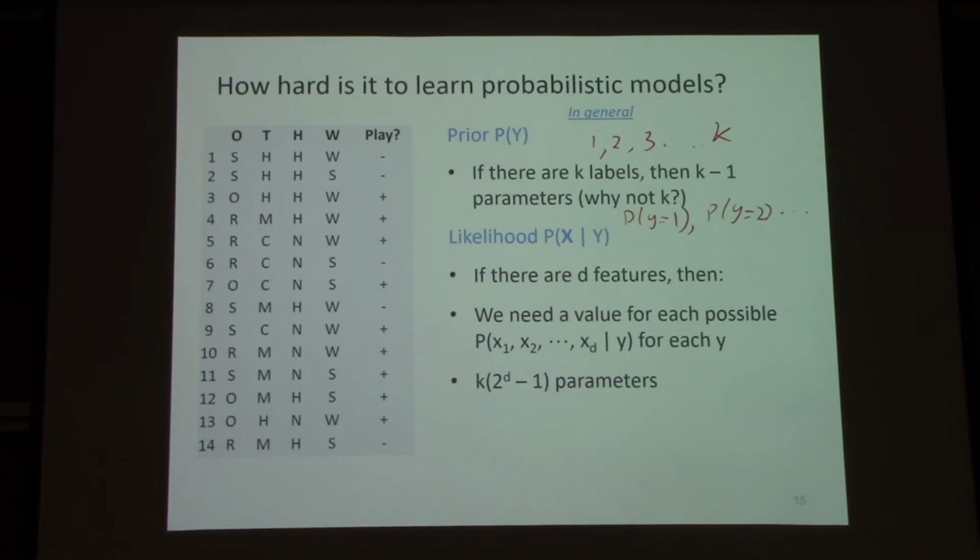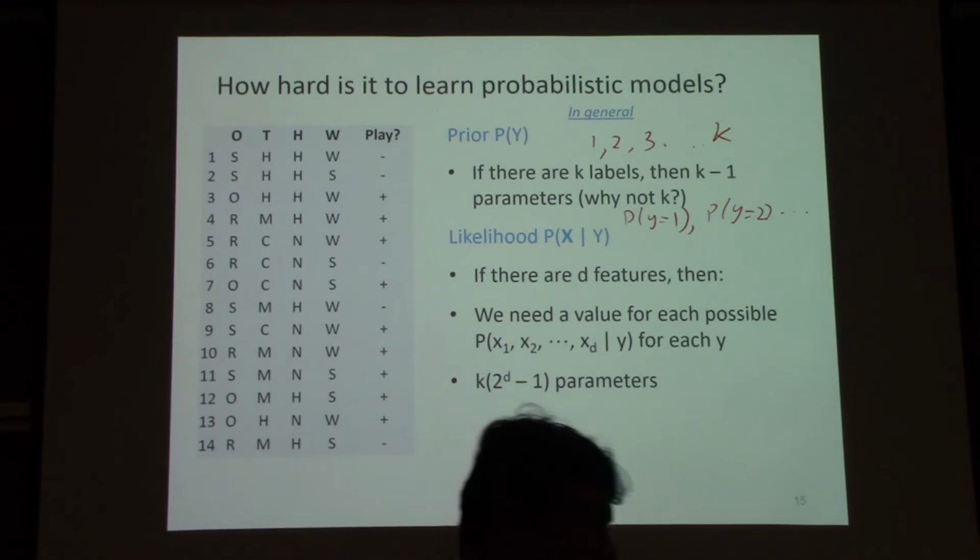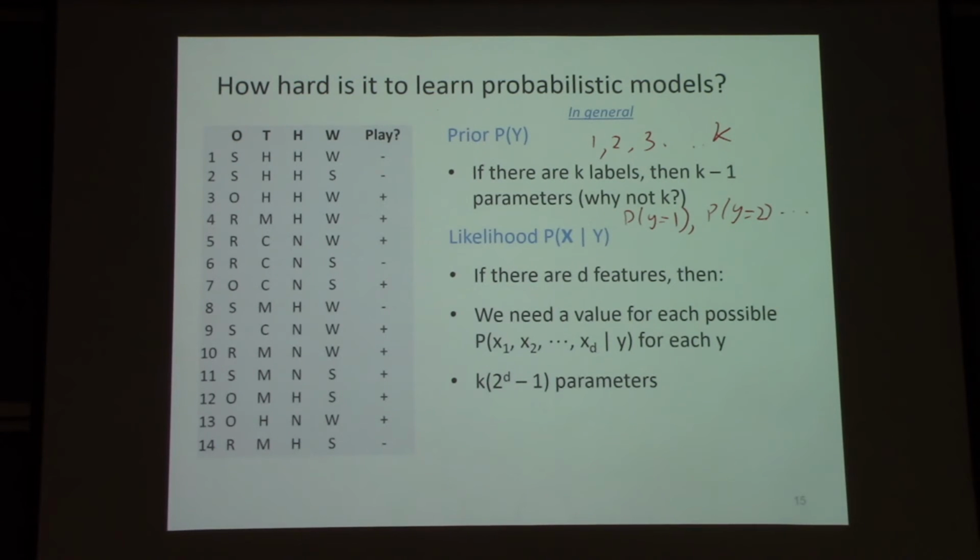And for the likelihood, let's say you have d Boolean features, not 4. You need 1 number for every combination of those features. So you will need k times 2 power d minus 1. Why 2 power d minus 1? Because it's a probability, so the numbers have to add up to 1. You have 2 power d numbers that add up to 1, so one of them you don't need to remember.